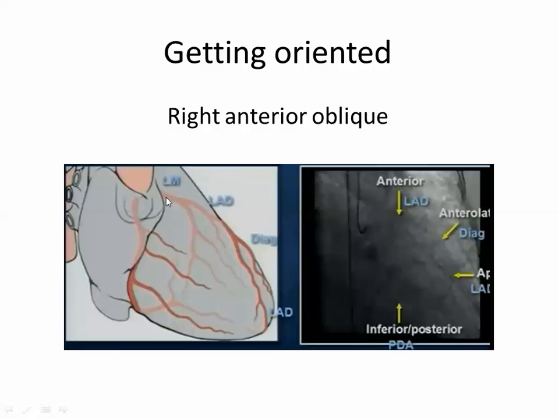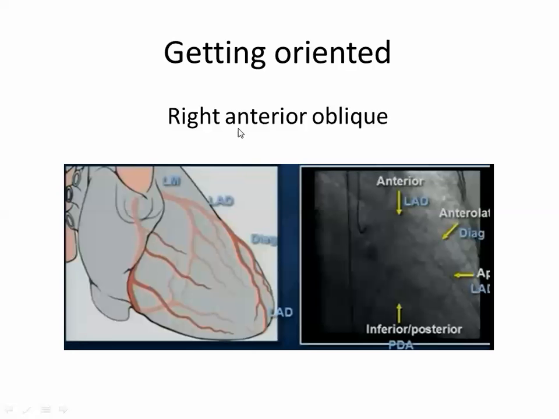As we said, this is the LA, this is the LV, this is the anterior wall, this is the apex, this is the inferior wall, this is the atrioventricular sulcus, and this is the interventricular sulcus. So the anterior wall, the LAD will go here.